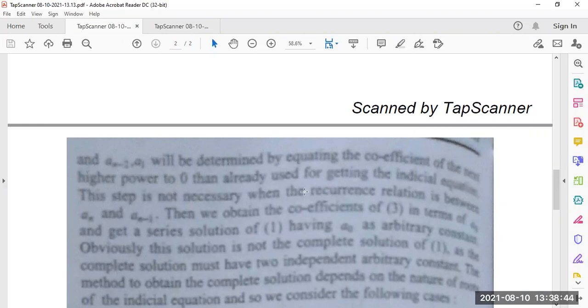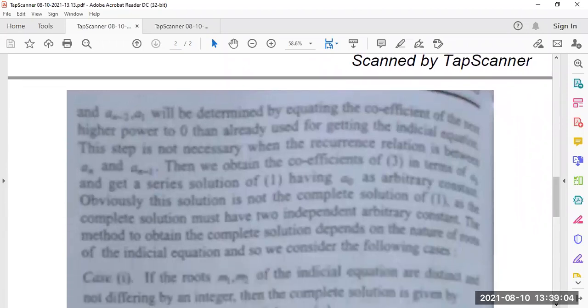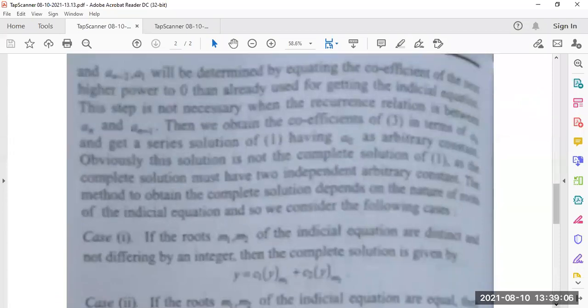This step is not necessary when the recurrence relation is between a_n and a_(n minus 1). But when it is between a_n and a_(n minus 2), then obtain the coefficients in terms of a0 and get a series solution of 1 having a0 as the arbitrary constant. This is actually the Frobenius method.